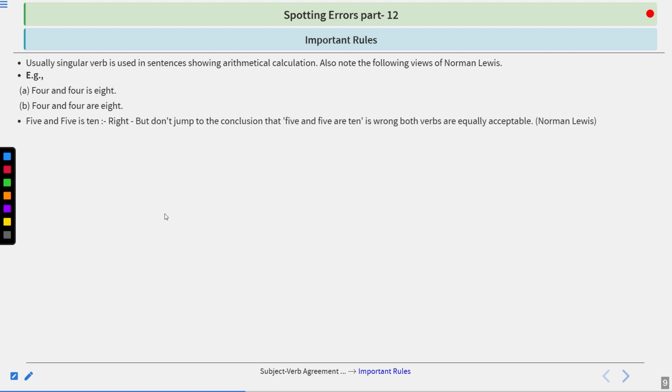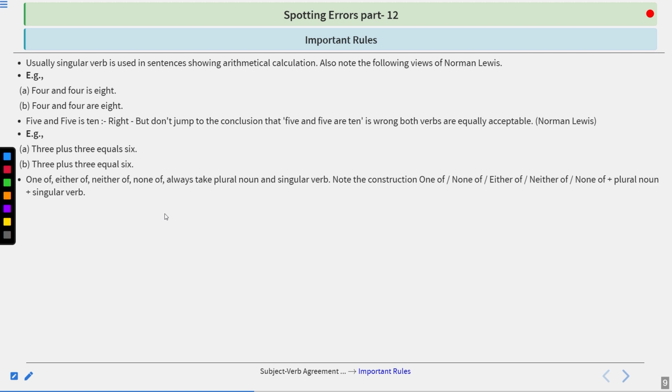But don't jump to the conclusion that 5 and 5 are 10 is wrong. Both verbs are equally acceptable. Norman Lewis: 3 plus 3 equals 6. I hope you have understood.